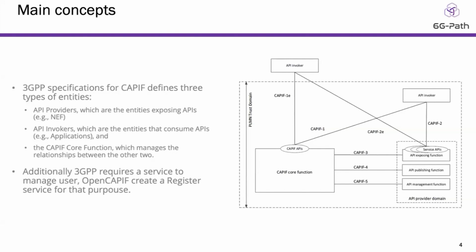Additionally, the 3GPP specification says the CAPIF core function needs some service or system to register the different clients and manage them. That service is not defined, but we propose one and it is also present in Open CAPIF.